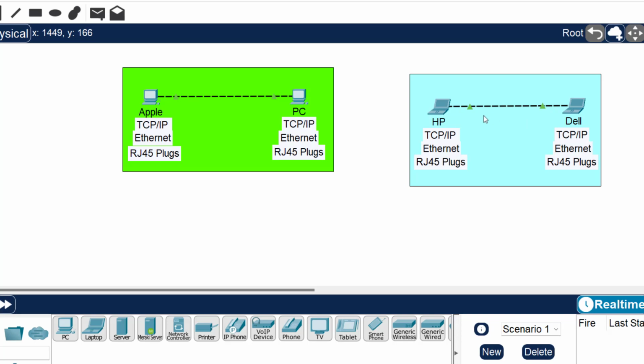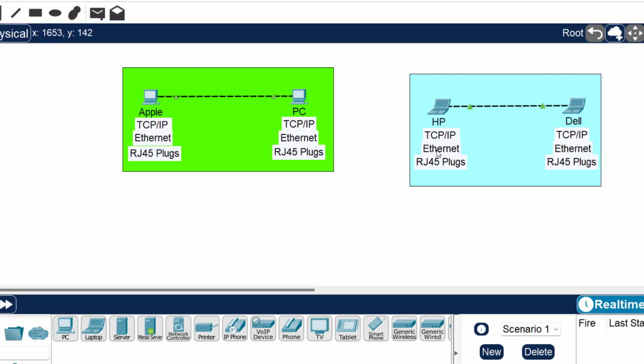Maybe we can change a little bit and come to this scenario. In this scenario, we have an HP laptop and a Dell laptop. These are two different brands of laptop made by different companies, but obviously they can also communicate with each other through the same protocols, the same standards, and the same type of flags.